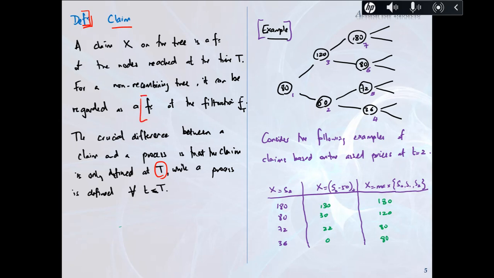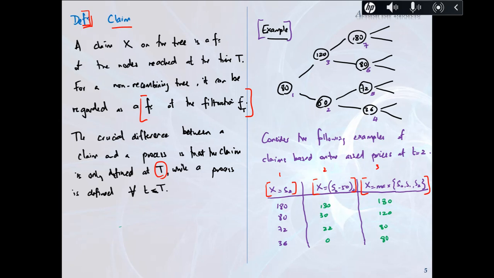Here it is a function of the filtration ft, up to maturity and including maturity. So we have here different types of claims. So suppose this is claim 1, claim 2, claim 3.